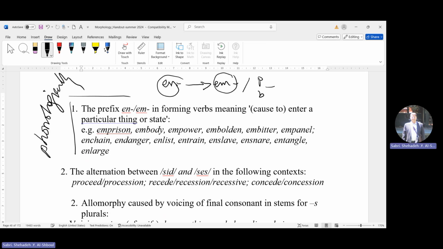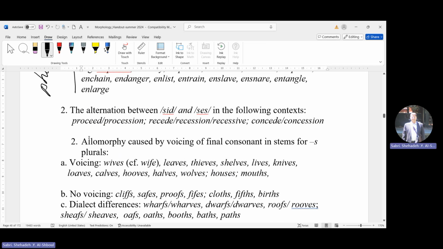All right. The other thing here, when we talk about this proceed, procession, recede, recession, recede, recessive, right? Concede, concession. Here we talk about also the seed, sieve, right?